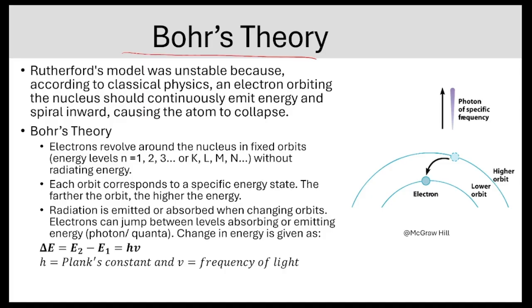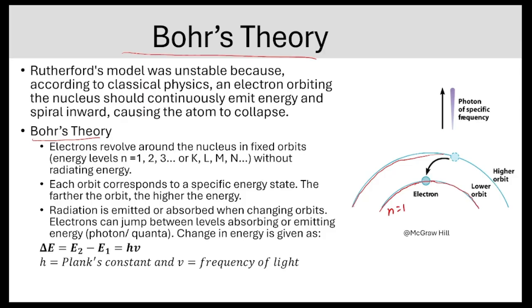The key postulate of this new atomic model is that electrons exist in specific fixed stable orbits, or we can also say discrete energy levels. As long as an electron stays in one of these orbits, it does not radiate energy. So we can see here this electron is moving in a specific energy level.